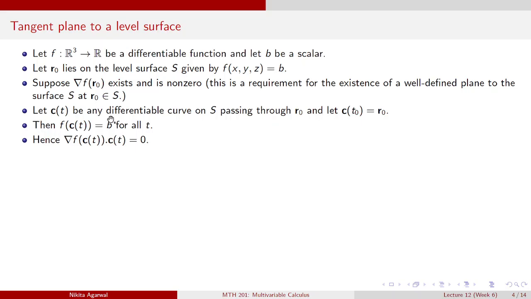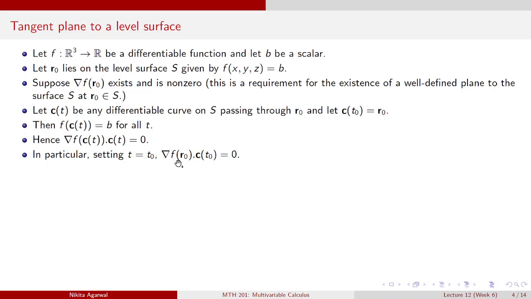Therefore, if we use chain rule and differentiate this, we get gradient of f at C(t) dot with C prime t. So gradient of f at C(t) dot C prime t should be 0 for all t. In particular, if I put t equal to t naught, then gradient of f, what is C(t naught)?